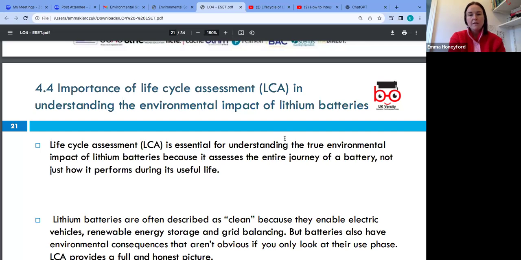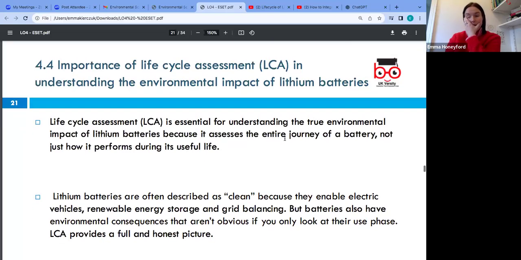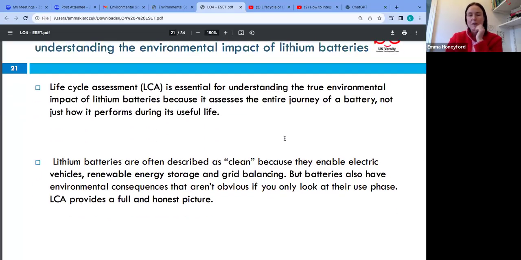So here's an example for lithium batteries. With life cycle assessment, we can understand the true environmental cost of lithium batteries, because it looks at the entire journey of a battery, not just how it performs during its useful life. Lithium batteries are often described as clean because they enable electric vehicles, renewable energy storage and grid balancing. But in order for us to use renewable energy for electric vehicles, in order for the energy to be constant, they have to use battery storage.